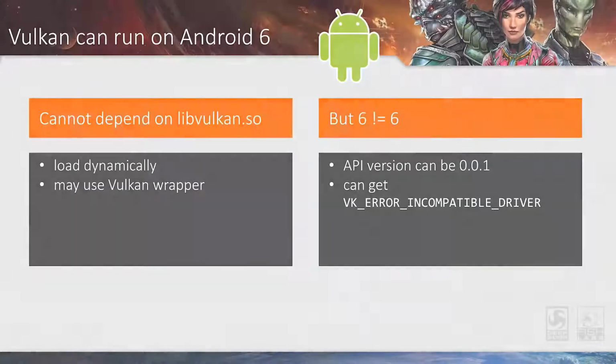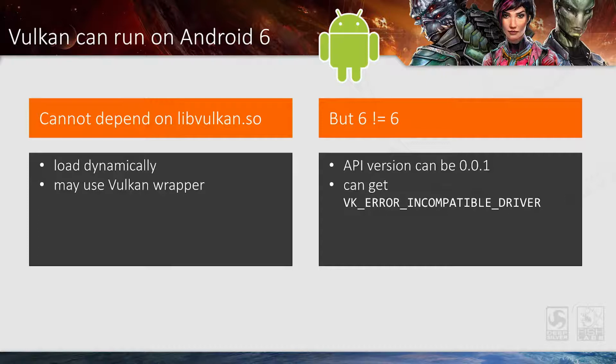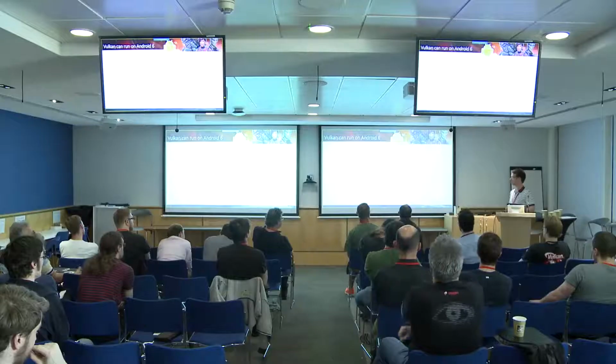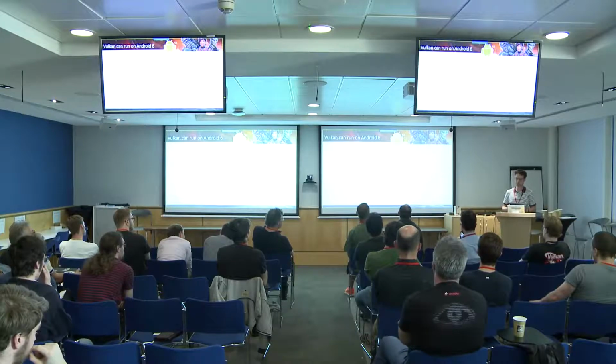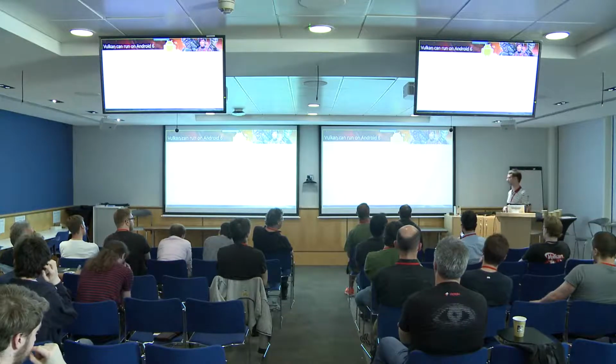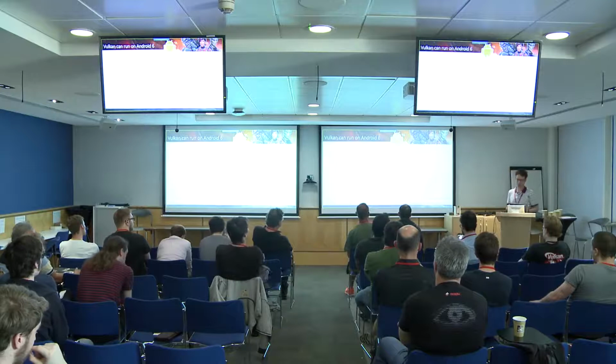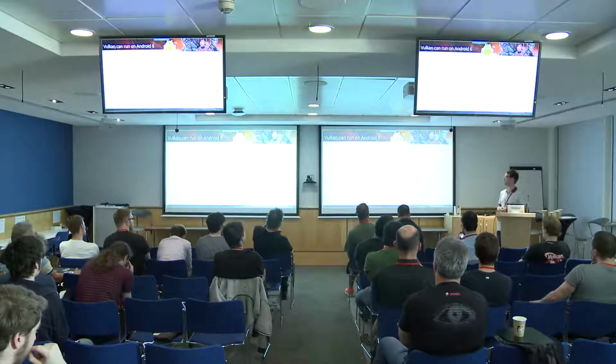And now I have 2 very Android-specific slides. The other stuff might also apply to Android. But that's also something that we've already heard, that Vulkan can be available on Android 6. But it's a bit more complicated because it was only added properly in Android 7, or API level 24, or Android Nougat, or whatever you want to call it. But there are some devices, specifically the Samsung Galaxy S7 and the NVIDIA Shield tablet, where you can get Vulkan running on Android 6.